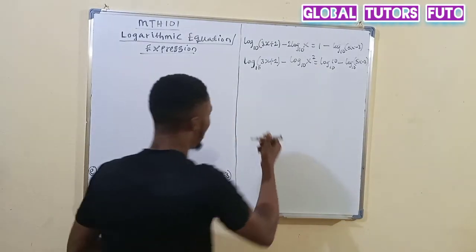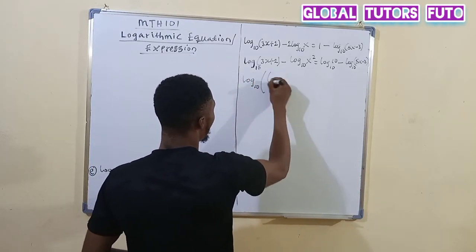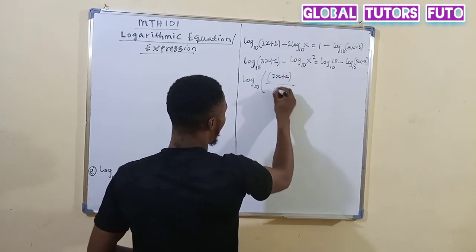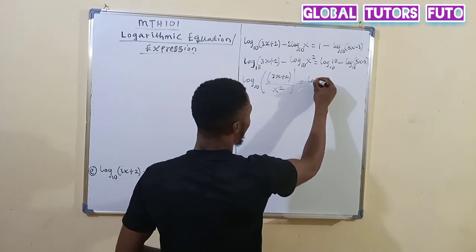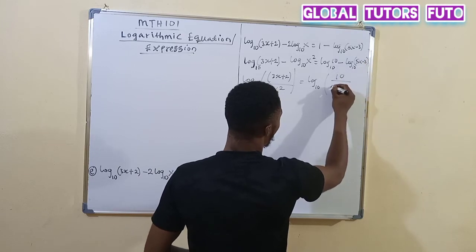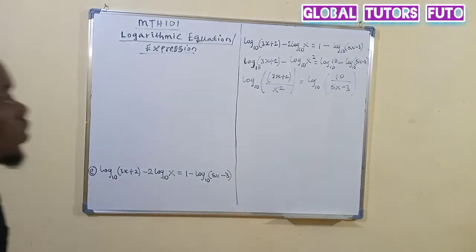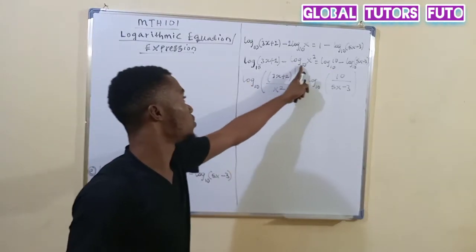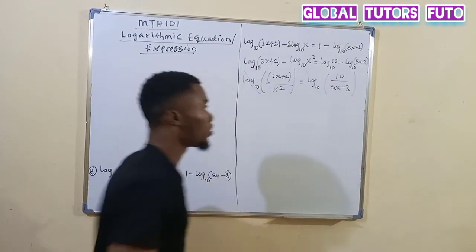So what are we going to have? We'll have log of base 10 of 3x plus 2 divided by x squared. So this will be equal to, you do the same thing here, log of base 10 of 10 over 5x minus 3. So that is what we have. Now at this point, log can cancel log. Log of base 10 can cancel log of base 10.